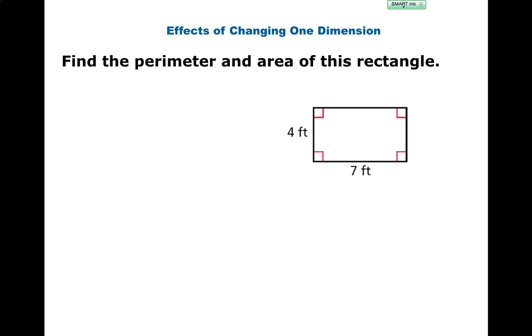So let's start by having you find the perimeter and area of this little rectangle. Find this perimeter, find this area. Perimeter, add up all the sides, and we're going to calculate.